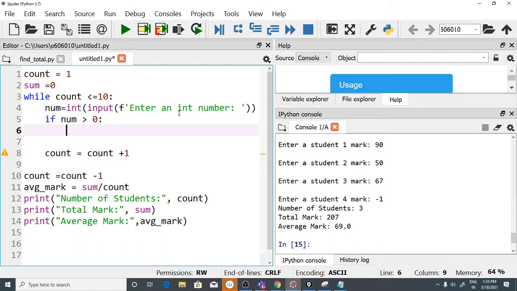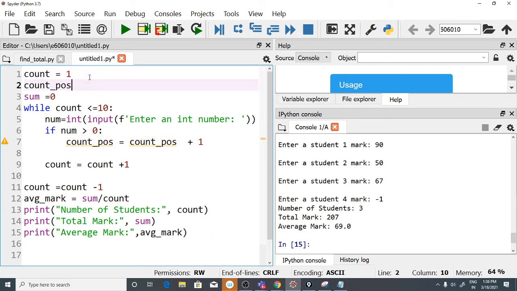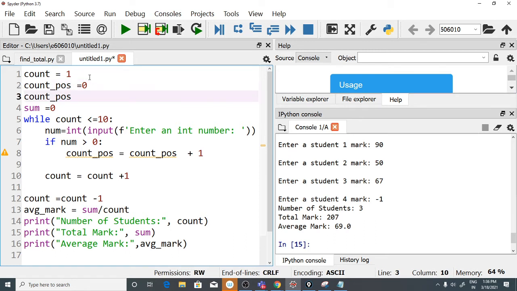So count underscore positive equals count underscore positive plus 1. This count is for calculating the positive numbers. Initially I make it 0. Then another one, this is for the negative. This is also made 0.